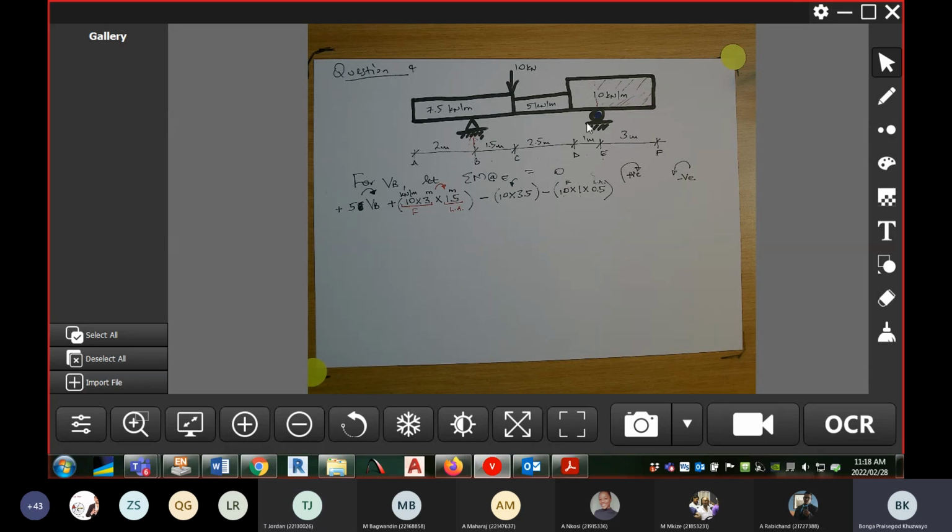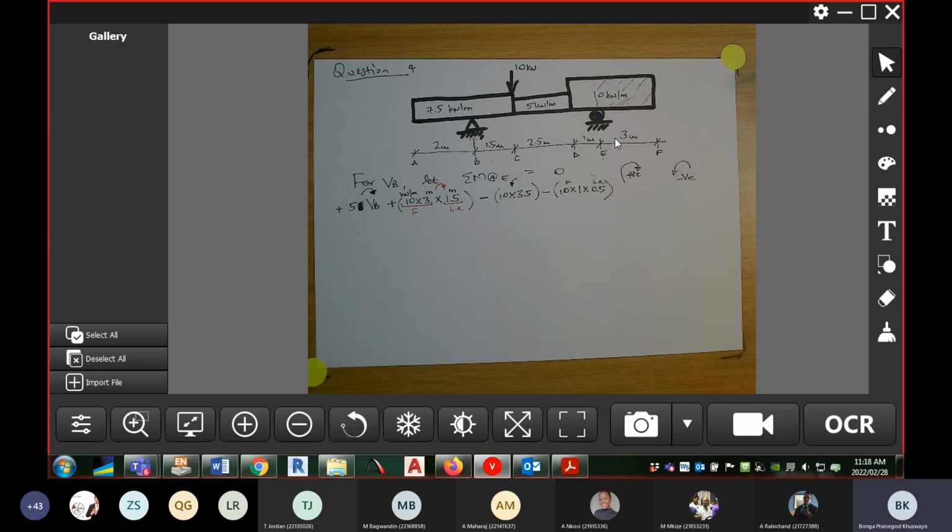What I wrote here is this: for us to work out VB, we apply the second condition of equilibrium. So what procedure are we going to use? We're going to say let the sum of the moments at node E equal 0.